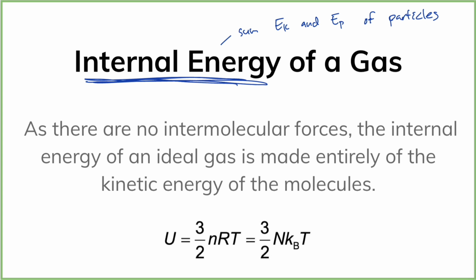Now, in the ideal gas model, we're assuming there are no intermolecular forces, which means that there is no potential energy. So the internal energy of an ideal gas comes only from the kinetic energy, or the motion of the particles. And so we're ignoring any sort of potential energy.